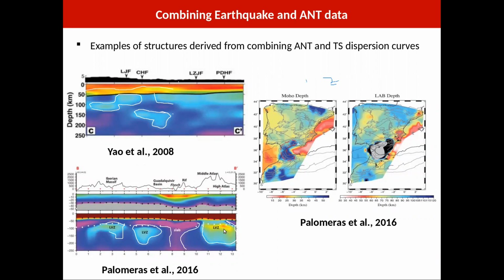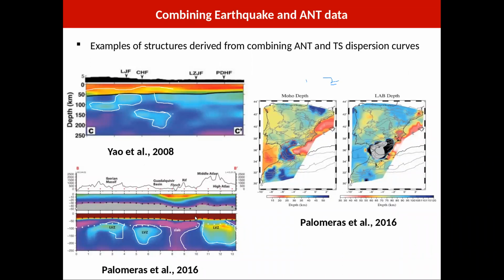This is a high temperature region in the mantle. So then you can associate these velocity distributions to some temperature or chemical or compositional distribution of the materials in the mantle and in the crust.